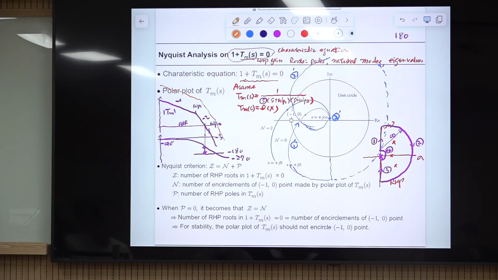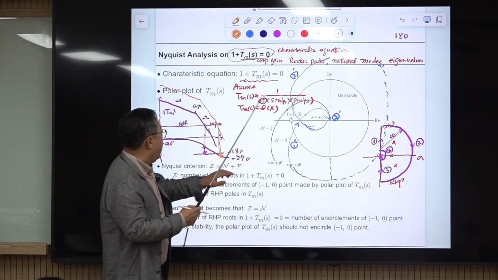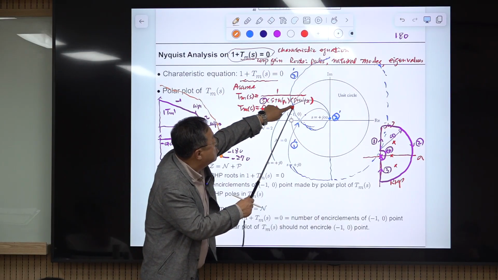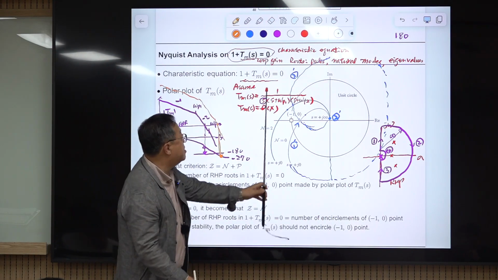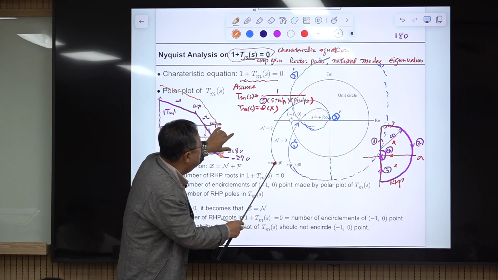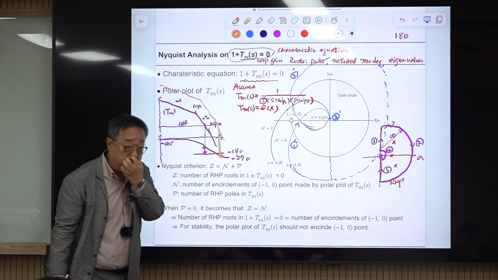Then at the crossover frequency, the phase is more negative than minus 180 degrees. That means at this frequency, it passes the unit circle somewhere here. That is unstable, right? It means this polar plot trajectory must pass this line segment C, which is unstable.